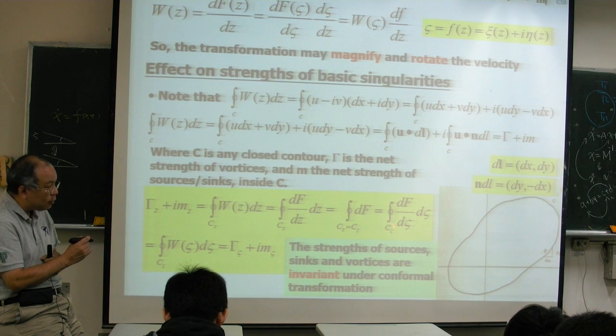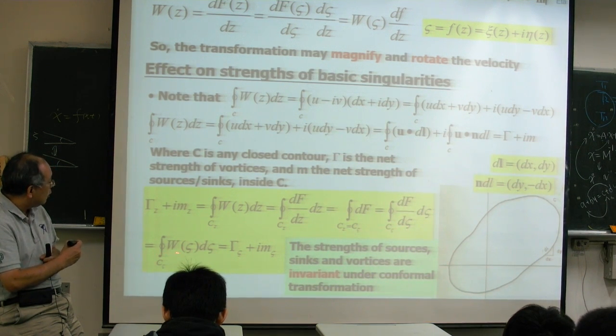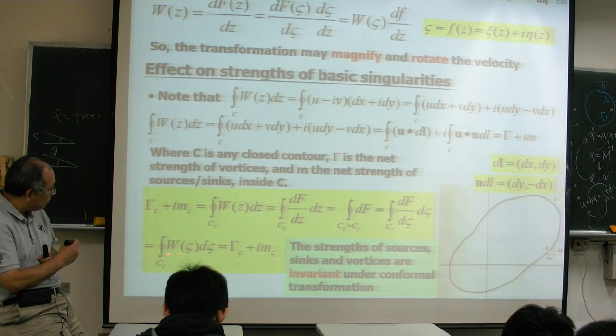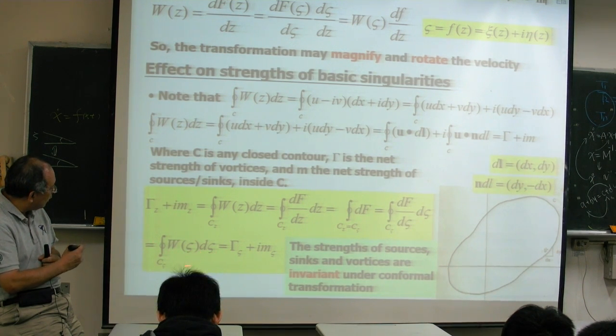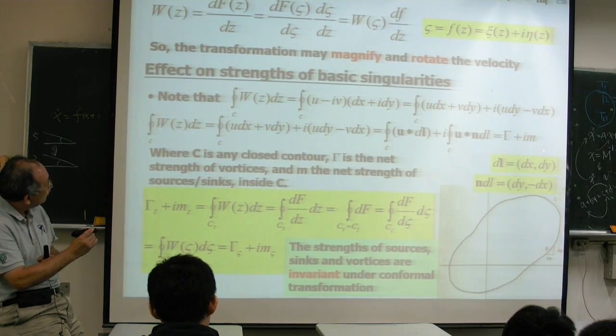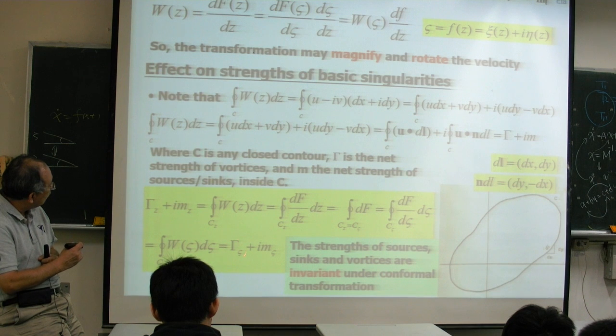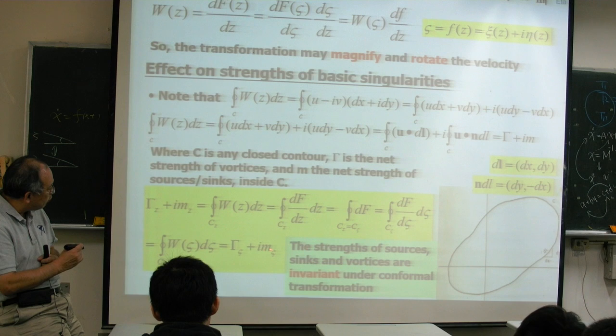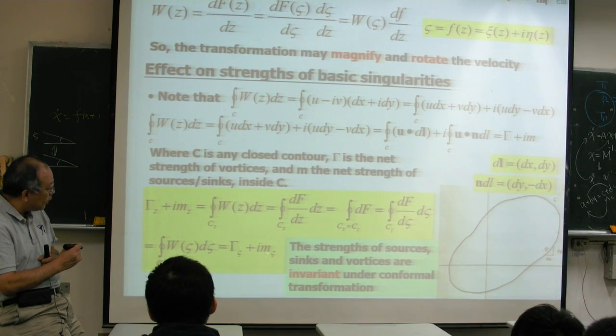This will be cancelled again. Okay, so this df d zeta becomes the complex velocity in the zeta plane, right? And again I'm using this relationship, so the real part is our circulation in the zeta plane, and the imaginary part is the strength of source in the zeta plane.